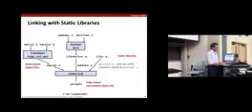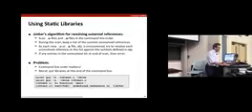Now, what the linker does when it's using static libraries, it scans all the .o files and .a files in order on the command line. So you're just typing GCC and then a list of .o files and .a files in some order.